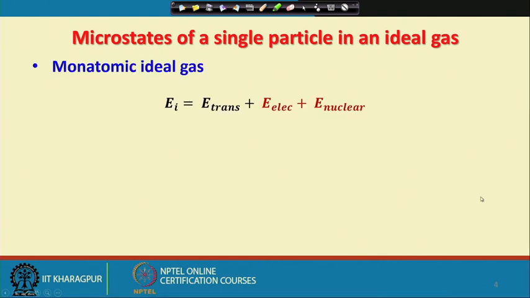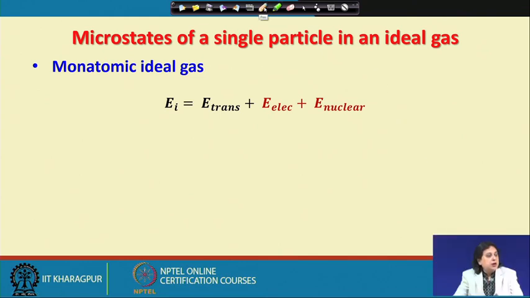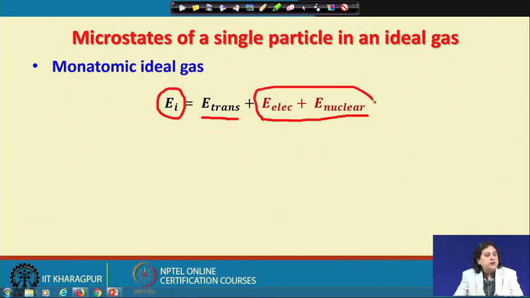So, if I remind you of the microstates of a single particle in an ideal gas, when we talk about the monatomic ideal gases, what we find is the total energy of every single atom can be separated into a term which corresponds to the translation of the atom in the three-dimensional box in which it is confined, and there is another contribution as a sum of two terms which come from the underlying microscopic structure of the atom.